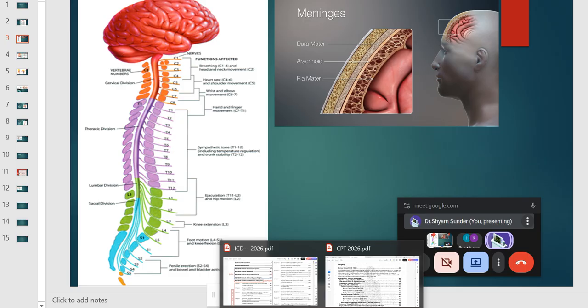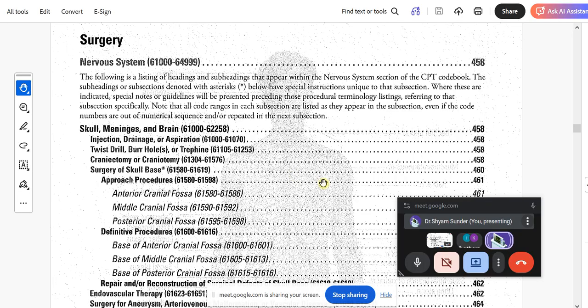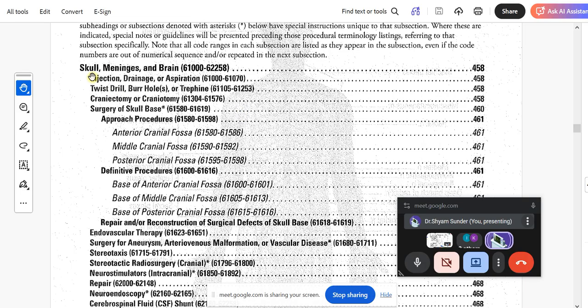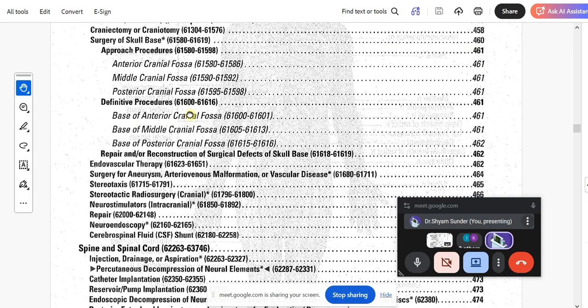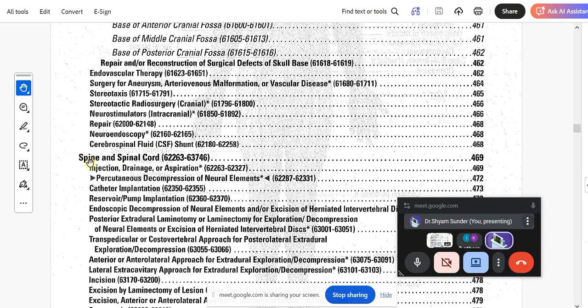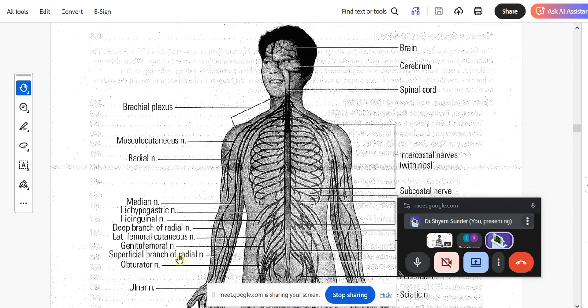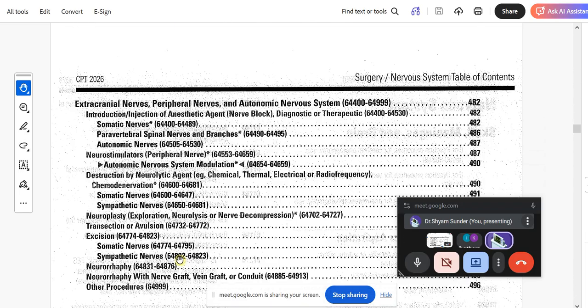So let us go to the CPT, how it is arranged. You see here the same way: skull, meninges, and brain. The procedures on the skull, meninges, and brain. That's how it is arranged. Once this heading is over, then spine and spinal cord, vertebral column and spinal cord procedures.